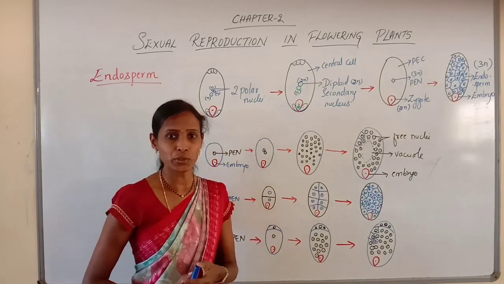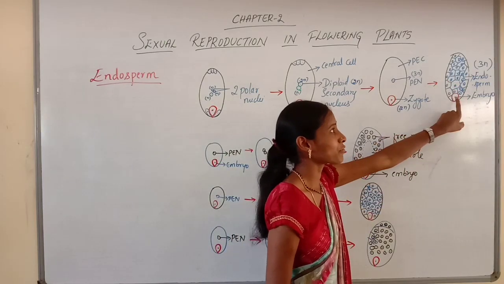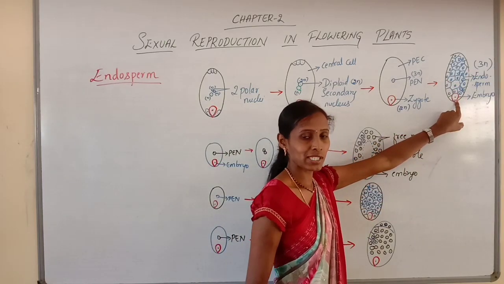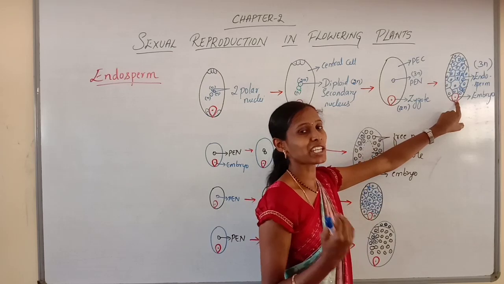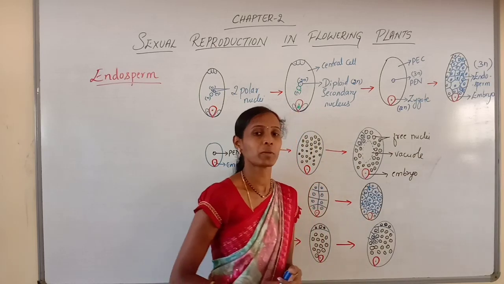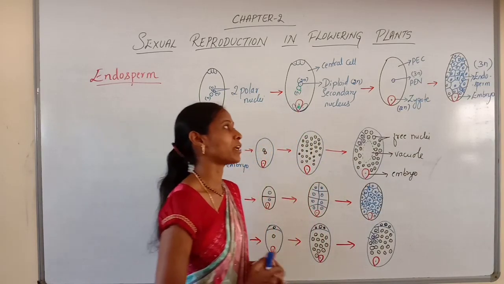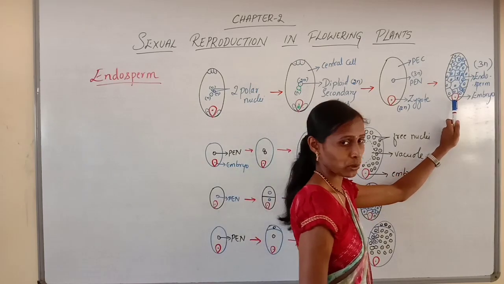Why is it called nutritive tissue? Because it will provide nourishment for the developing embryo. This embryo requires nourishment. That nourishment will be provided by this endosperm. That's why endosperm is always a nutritive tissue, providing nourishment for the developing embryo.